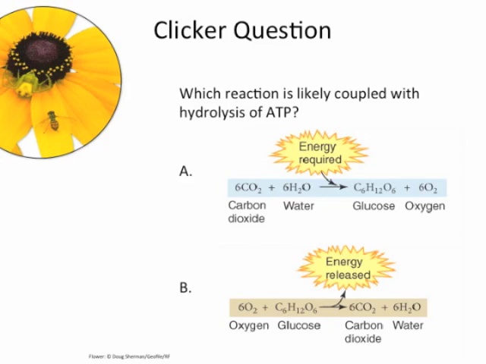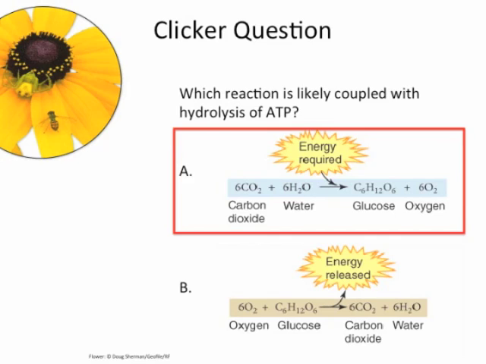Energy, right? So which one of these will not go forward unless there's energy present? A. Okay, that's what I was asking here. So the answer is A, because A requires energy, so it needs to have this reaction coupled with it. So this will occur at the same time as that reaction, and this will provide the energy for A to go forward.